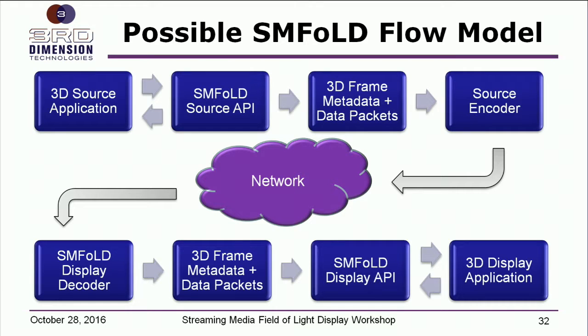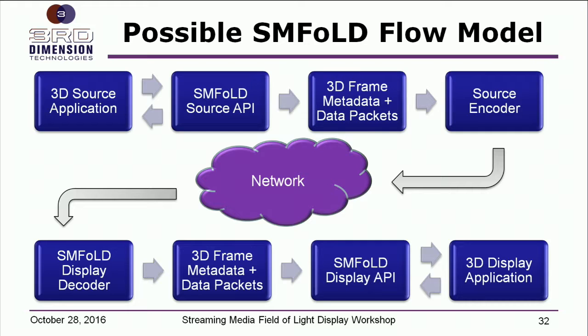Here's a possible data flow model. So we see at the far end there's some 3D source application or some source of 3D data. There's a streaming media standard, open standard source API, which creates a complete 3D frame of metadata plus data packets. There's some kind of source encoder, which is going to compress and potentially encrypt the data.